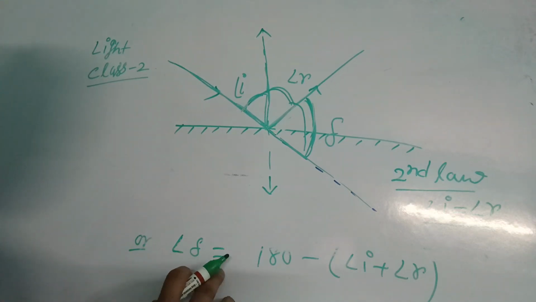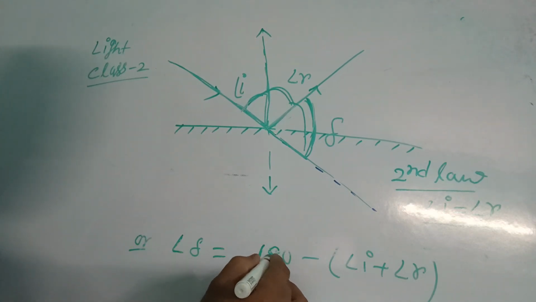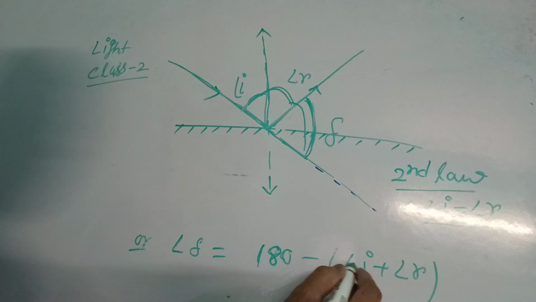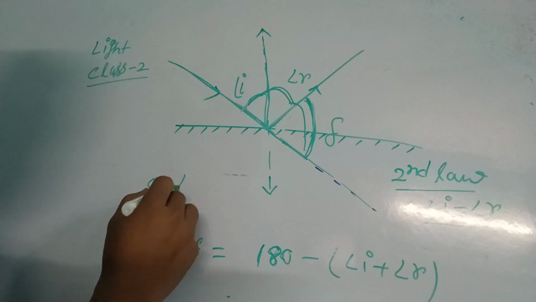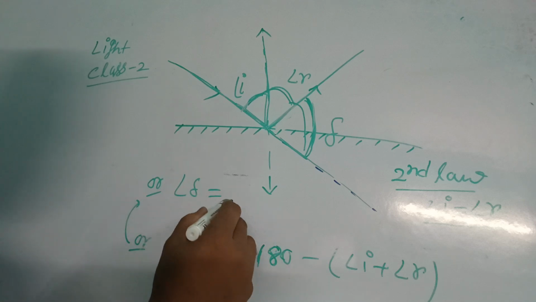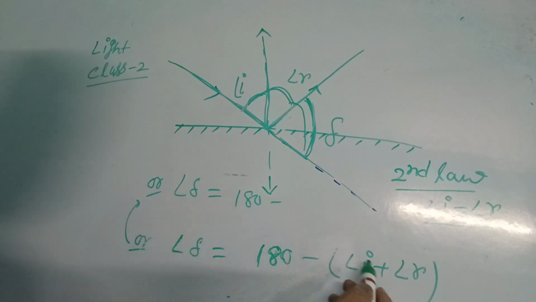Now this is delta. So 180 minus I plus R. So this delta can be written as 180 minus, I and R same. This value of I and value of R are same.